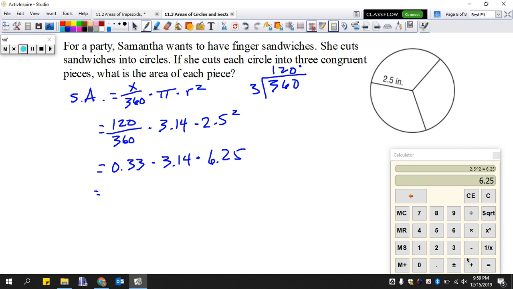So when we multiply all that together, 0.33 times 3.14 times 6.25 is equal to 6.47625.